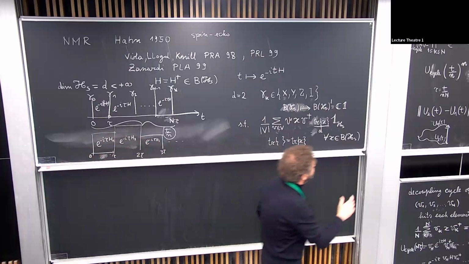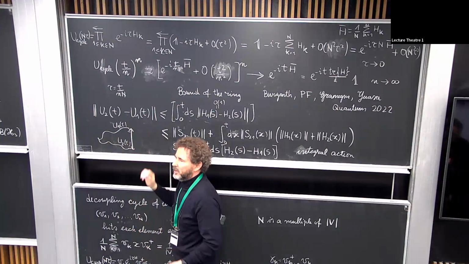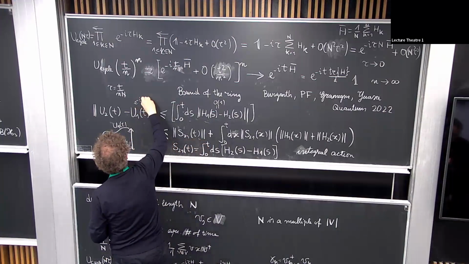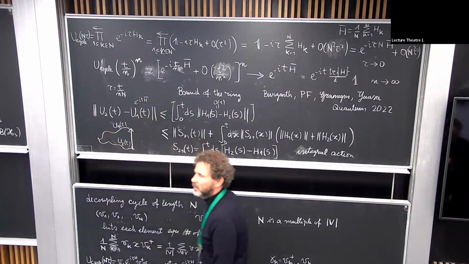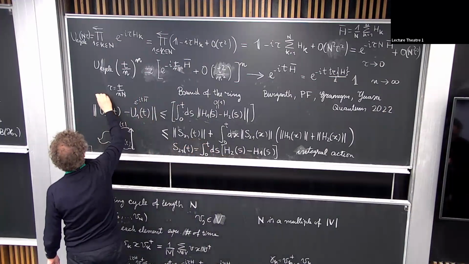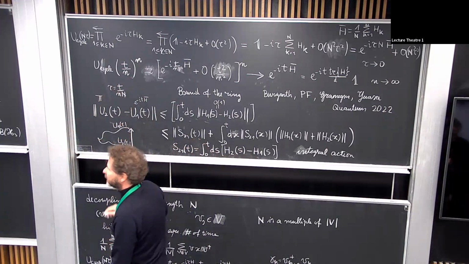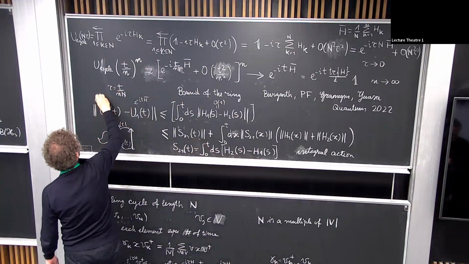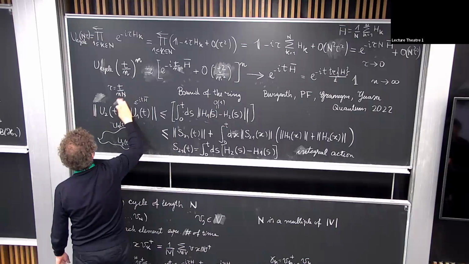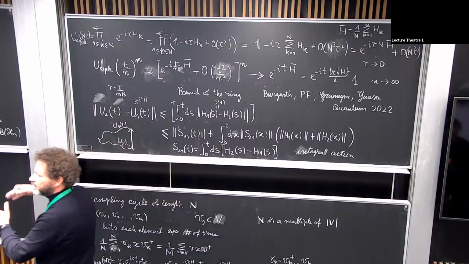The second evolution, on the other hand, is just a unitary group, e to the minus i t H over h bar. And this is nothing but the product I wrote here. It's exactly that picture with many cycles repeated.